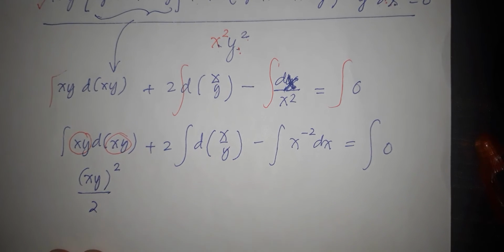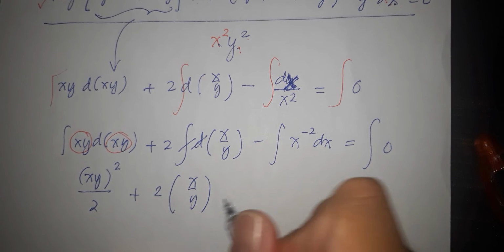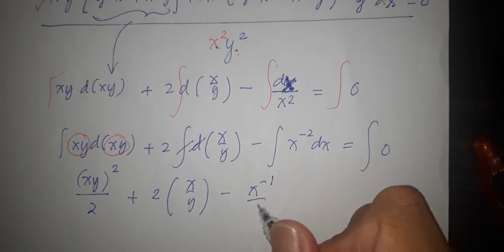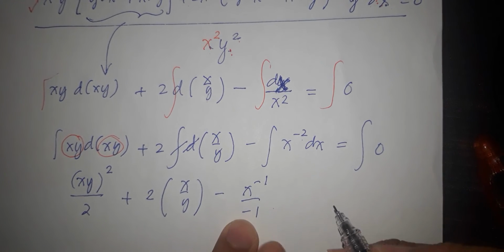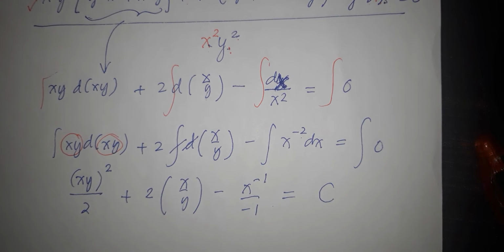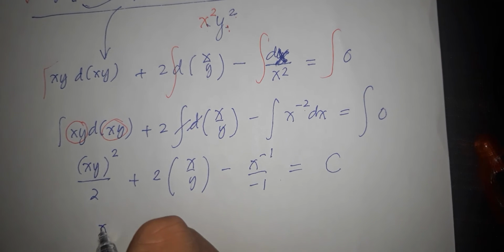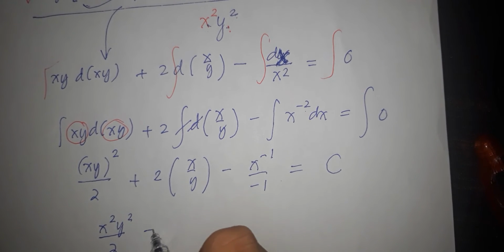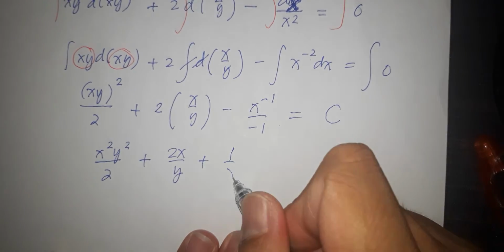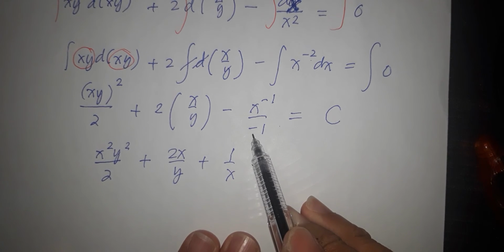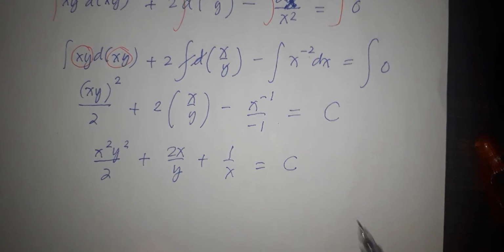So that's xy squared over 2, plus 2, integral and derivative cancel out, so that gives you x over y, minus x to the negative 1 over negative 1, because negative 2 plus 1 is negative 1, is equal to integral of 0, which is c. This is x squared y squared over 2 plus 2x over y plus 1 over x, because negative divided by negative is positive, and x raised to negative 1, ibaba natin, becomes a positive exponent, is equal to c.